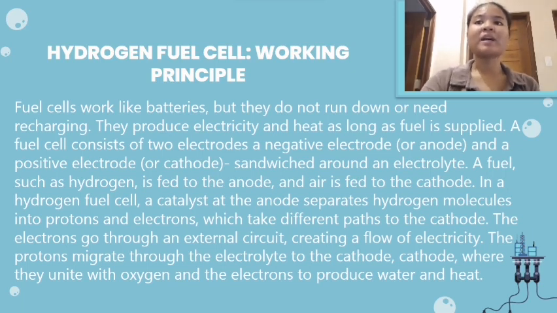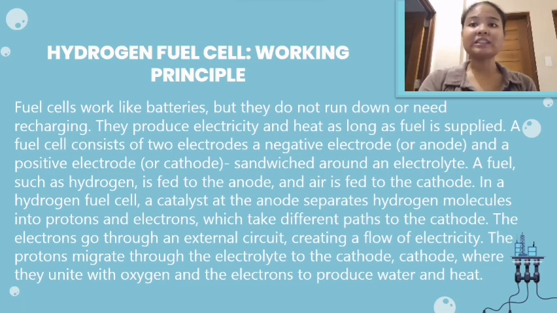So, yung mga catalyst sa fuel cell, yung catalyst na nasa loob ng anode, siya yung nagsaseparate ng hydrogen molecules into protons and electrons, which take different paths to the cathode, sabi dito.